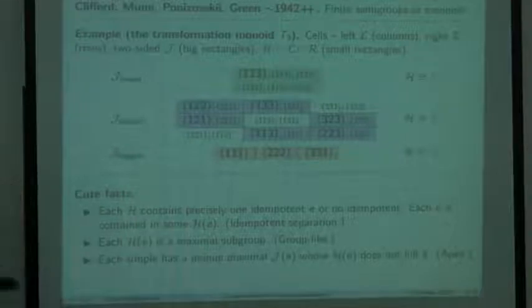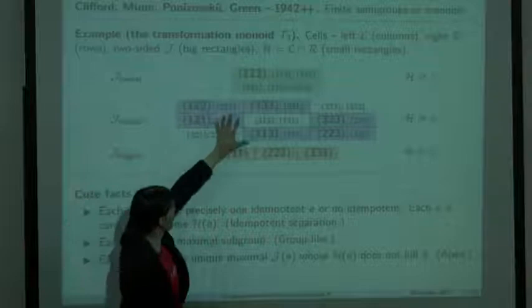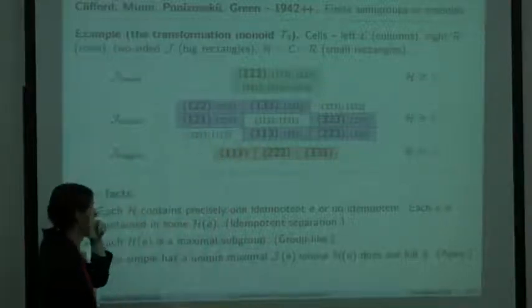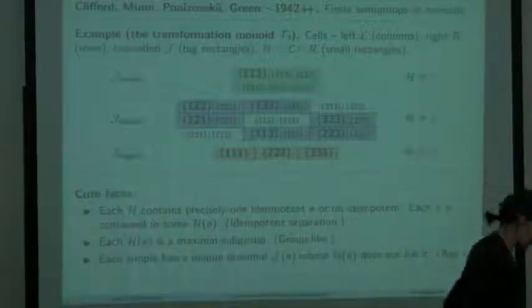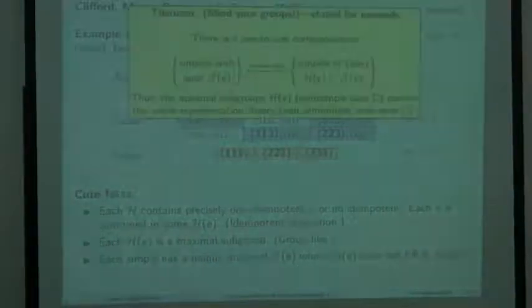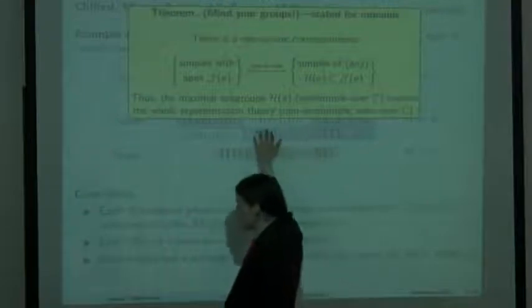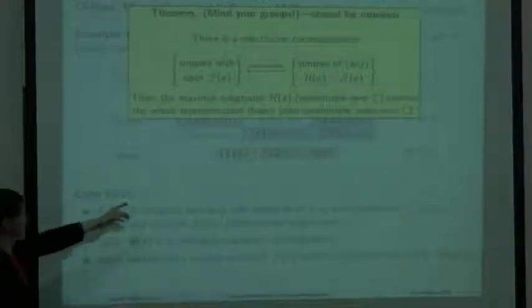Okay, summarized, the semigroup breaks itself into those H cells, and those H cells are maximal subgroups of your semigroup. Okay, and then comes this amazing theorem of Green, who just tells you, actually there's a one-to-one correspondence between the simples of my non-semi-simple semigroup and the simples of those maximal subgroups.